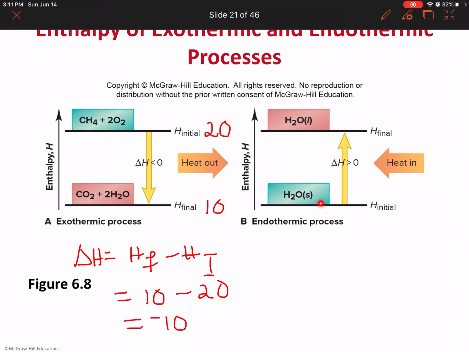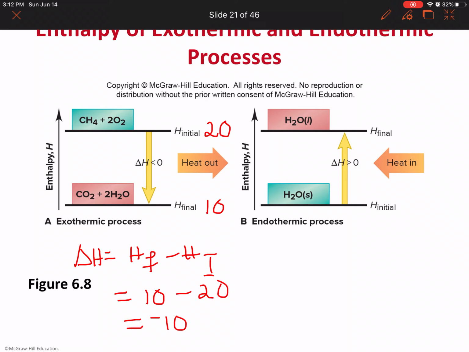When ice melts, does it need to absorb heat from the surroundings, or does it lose heat to the surroundings? It needs to absorb heat, and only then can it warm up to become liquid water. So heat is in, and that is an endothermic process. Now the final enthalpy is more compared to the initial. So final minus initial would be positive. So the delta H would be greater than 0.